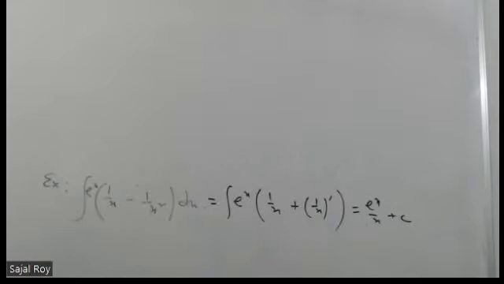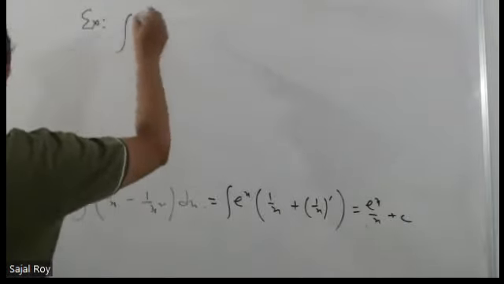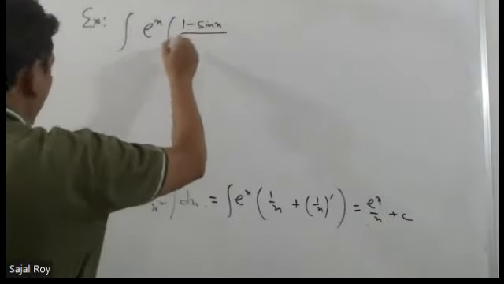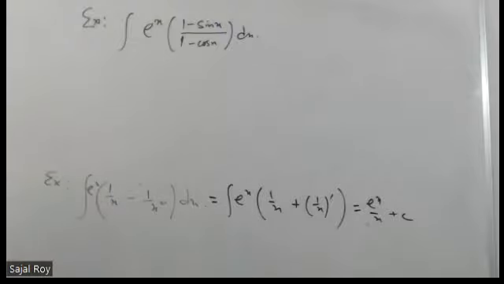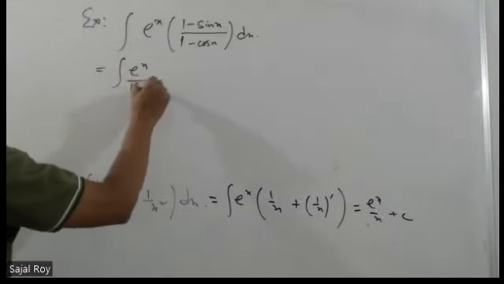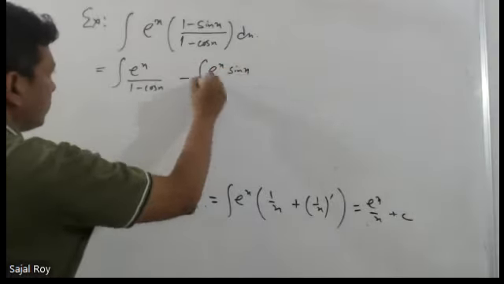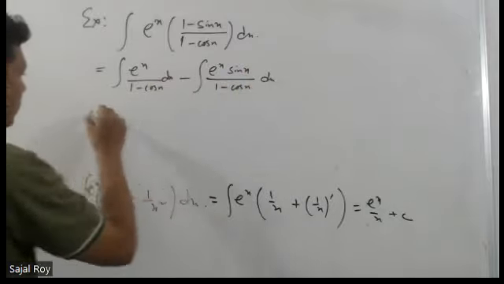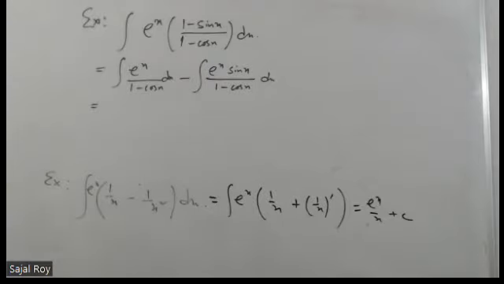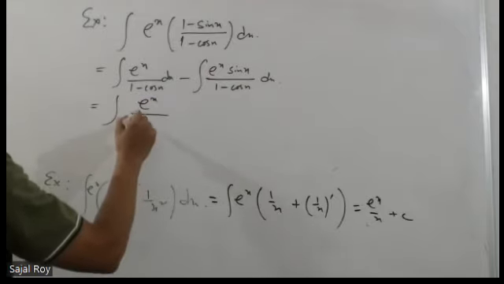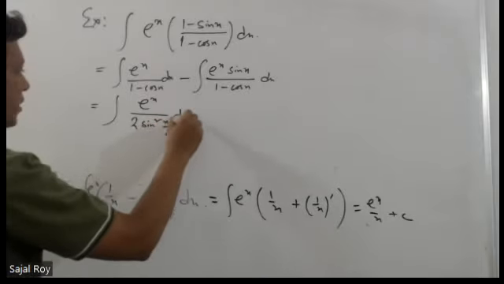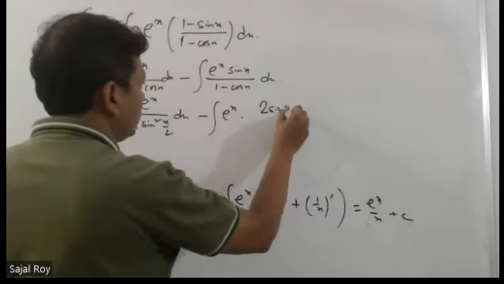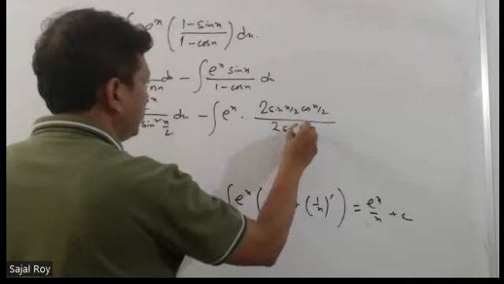So suppose e to the power x into 1 minus sin x by 1 minus cos x dx. So what is your submultiple?